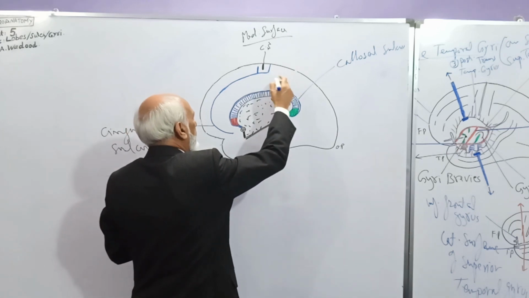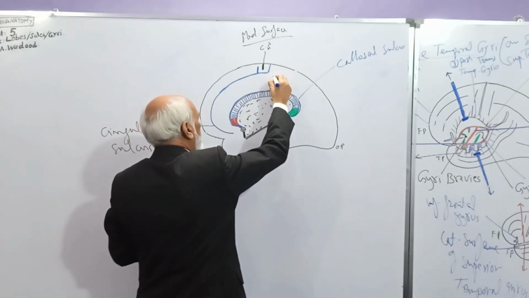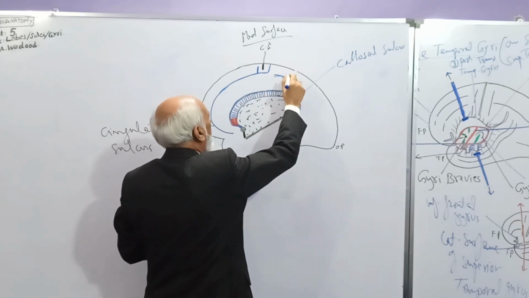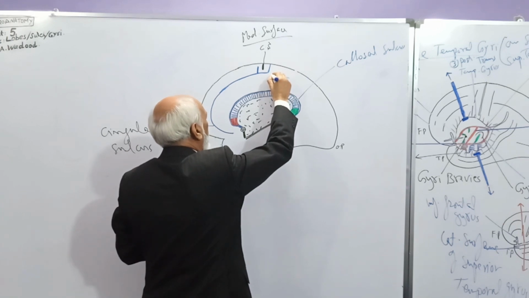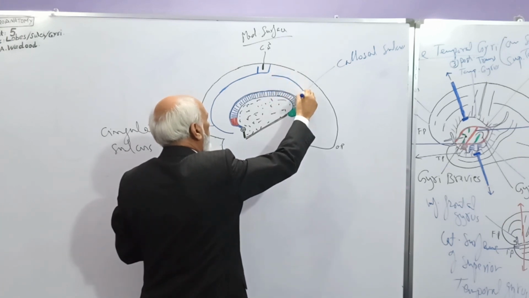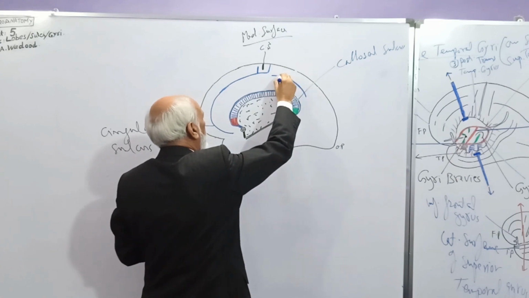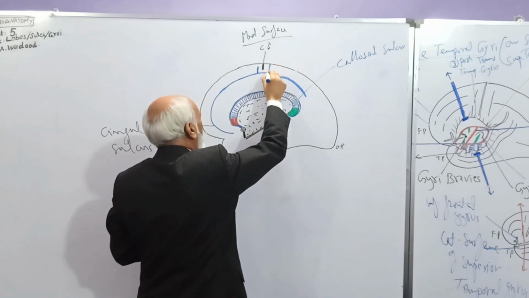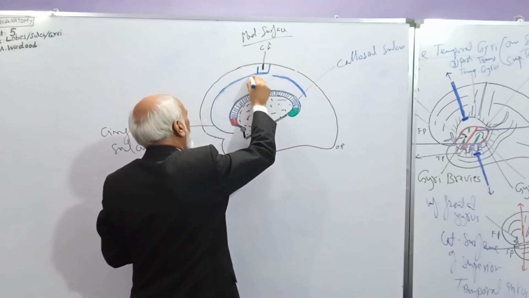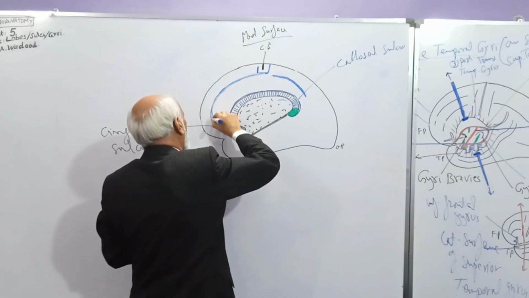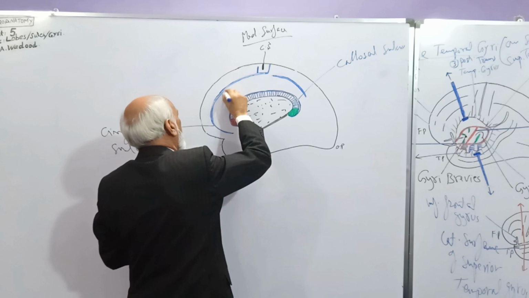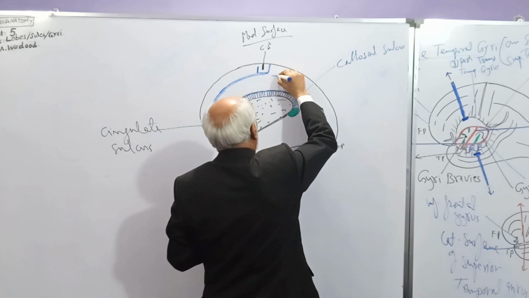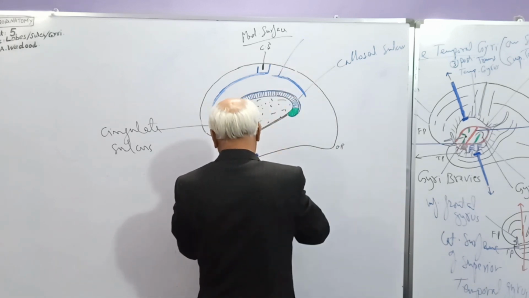Then there is another sulcus which runs backwards and downwards. This sulcus is known as suprasplenial sulcus.